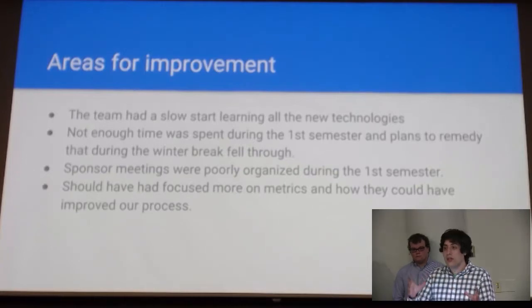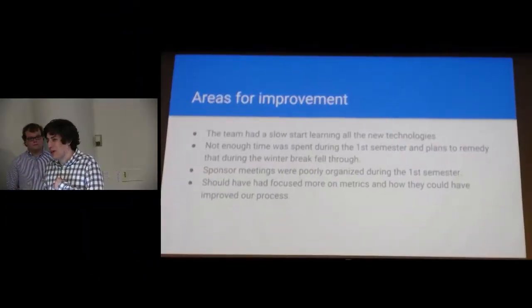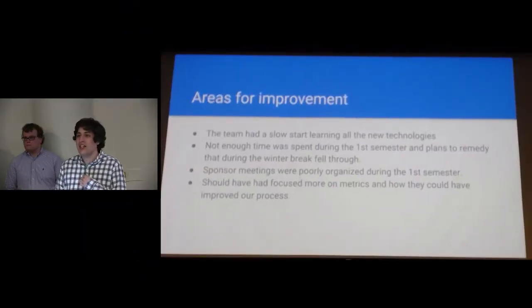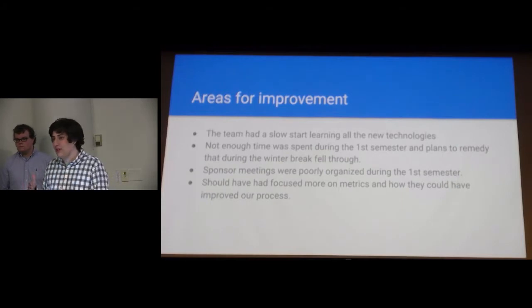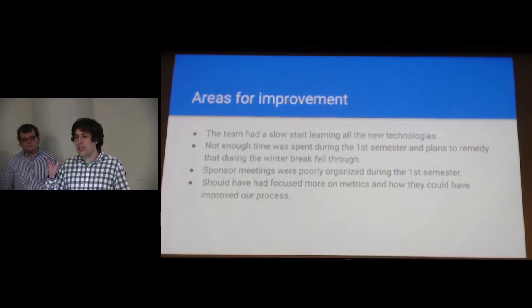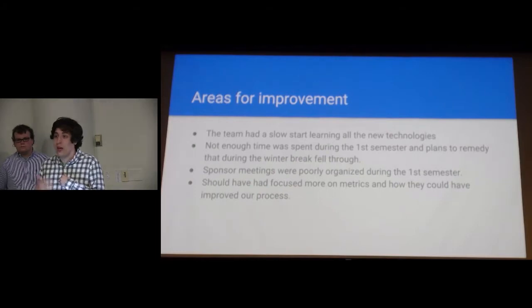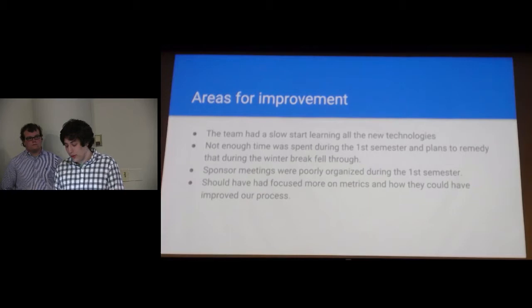This way someone could focus on making the meetings have more of an agenda, rather than asking, what do you think we should talk about next? That showed significant improvement. There's still some room there, but it definitely helped. And finally, we collected all these metrics, and we never really used them to try to improve our process. We were pretty happy with the process overall, but it's a tool we never used.